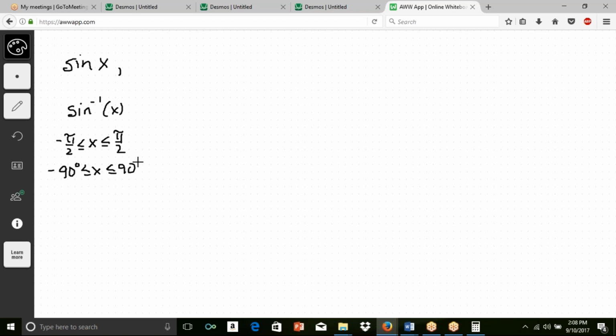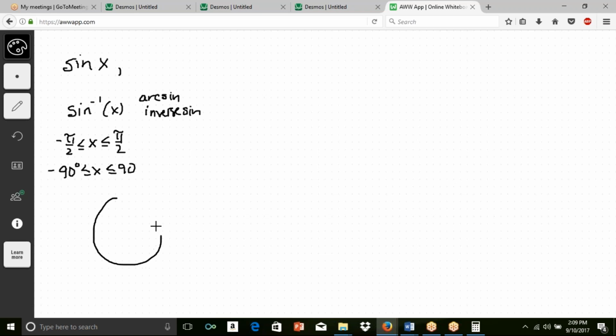Or I can say negative 90 degrees and positive 90 degrees. So anytime that I use arcsine, by the way, this is arcsine or inverse sine. It's always going to be restricted between that.